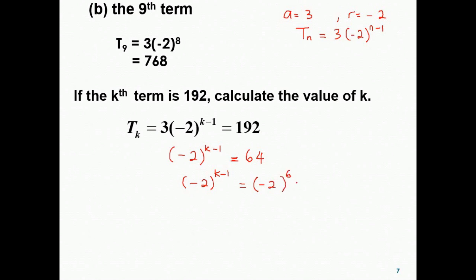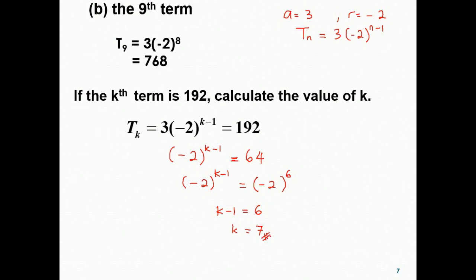By using the indices rule, we compare the index because the base is the same here. We have k minus 1 equal to 6. Therefore, k equal to 7. So this is the answer.